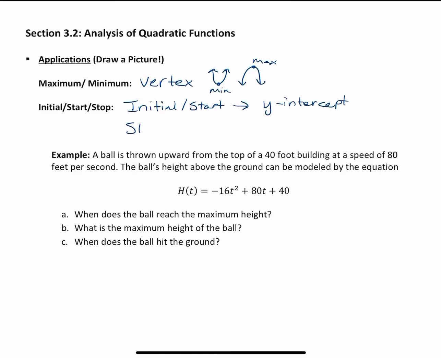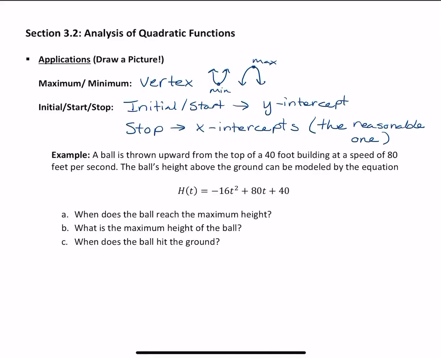Your stop will be your x-intercept or intercepts. There could be two, but if it's a real life situation, make sure you pick the one that is reasonable or the one that's possible.